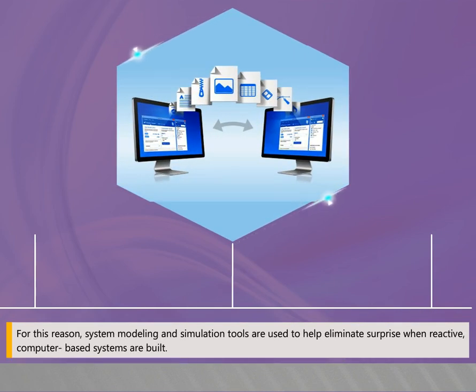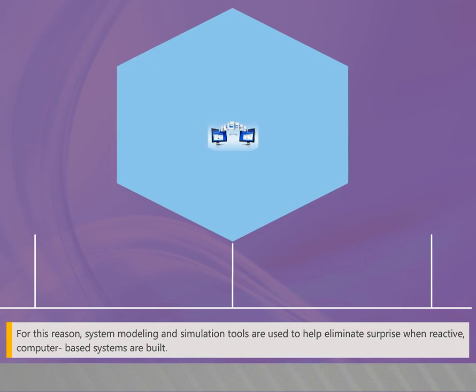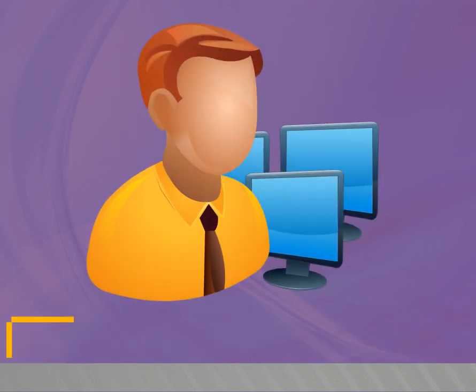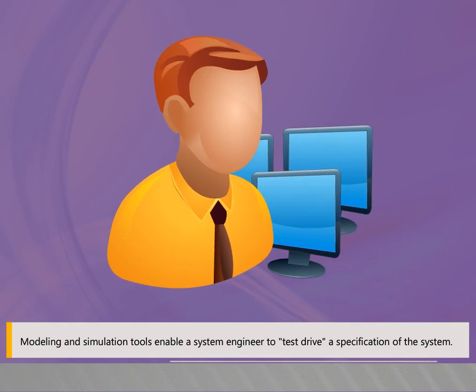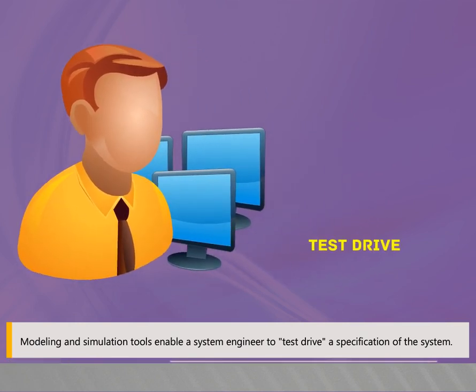For this reason, system modeling and simulation tools are used to help eliminate surprise when reactive computer-based systems are built. Modeling and simulation tools enable a system engineer to test drive a specification of the system.